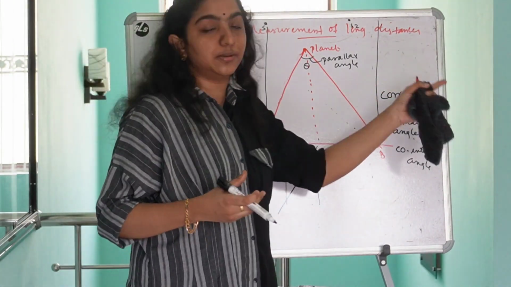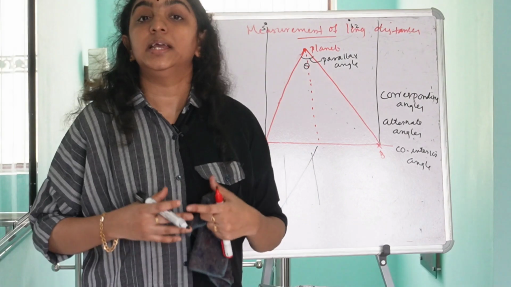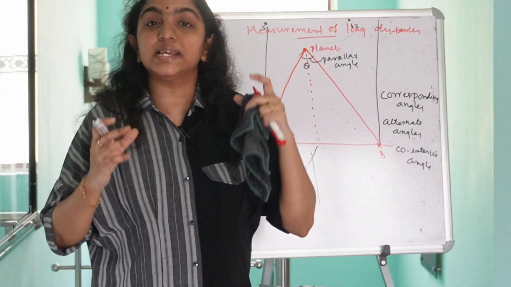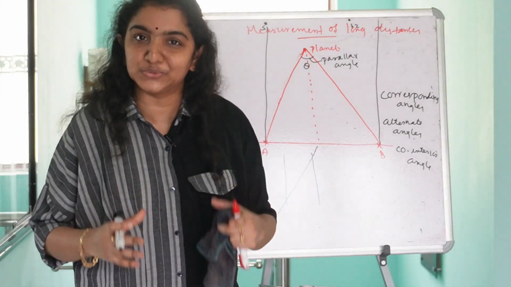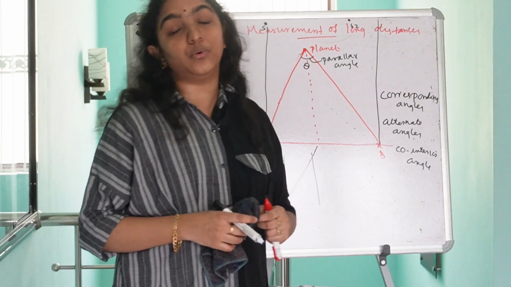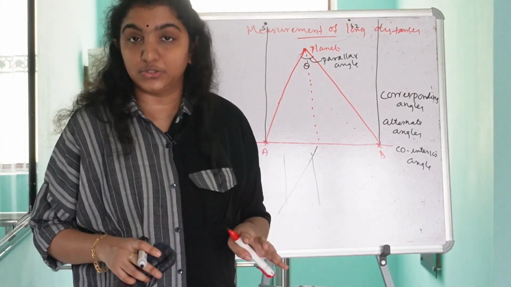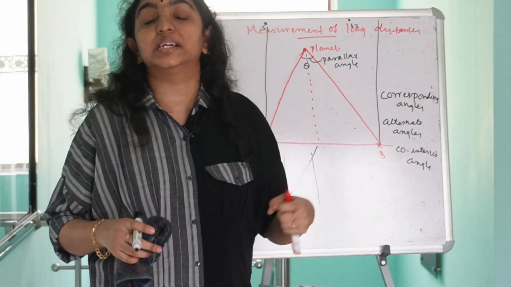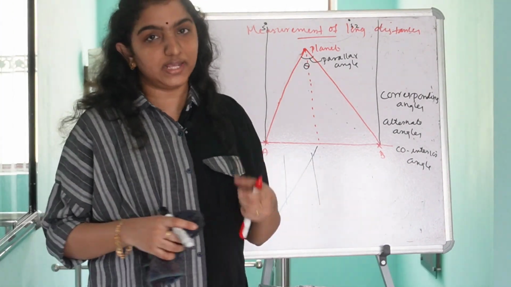Now, the angular measurement of corresponding angles are equal to each other. The angular measurement of alternate angles are equal to each other. Again, the angular measurements of co-interior angles are not equal to each other, but the sum of those co-interior angles is equal to 180 degree.